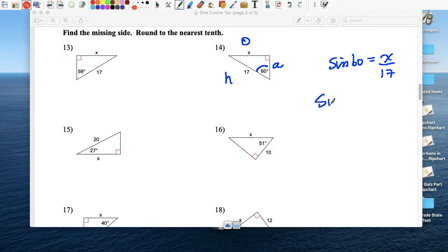Cross multiply, so we get sine of 60 times 17 equals x. On the calculator, sine of 60, enter, times 17, enter, we get 14.72.